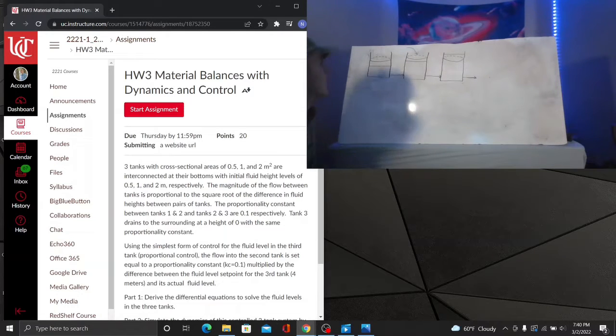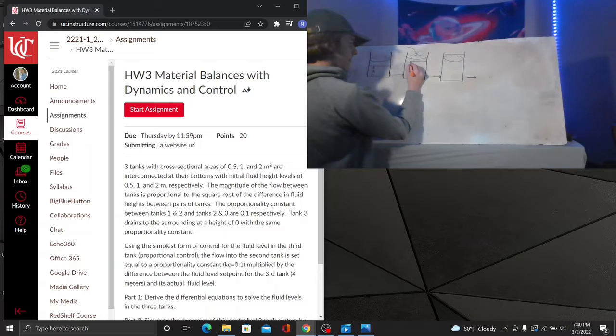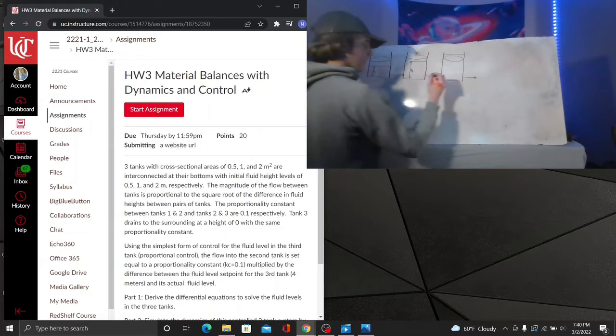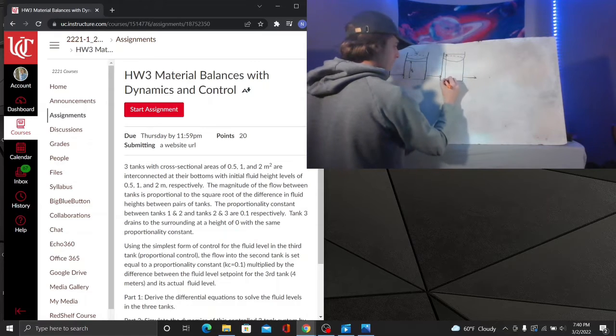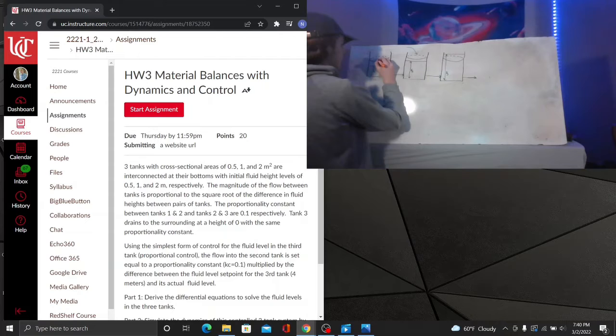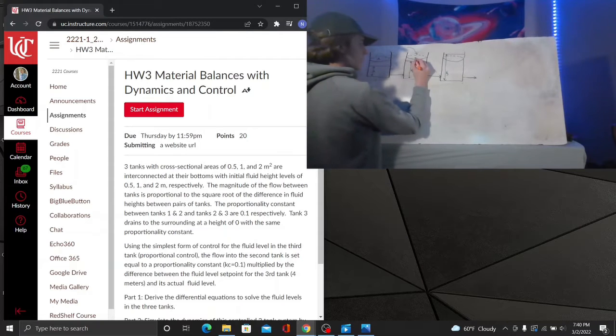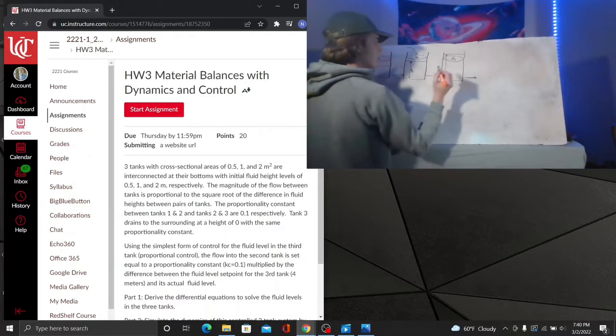So now I can label these as well. So this will be height 1, height 2, and height 3, and then area 1, area 2, and area 3.